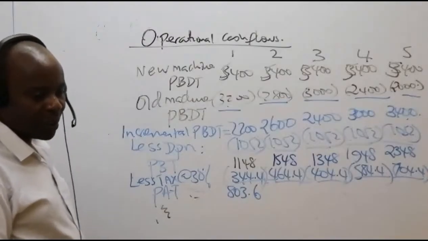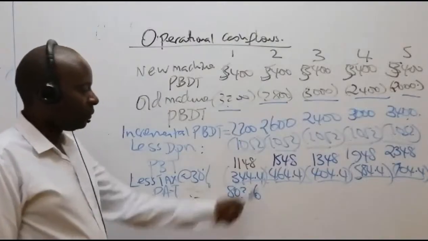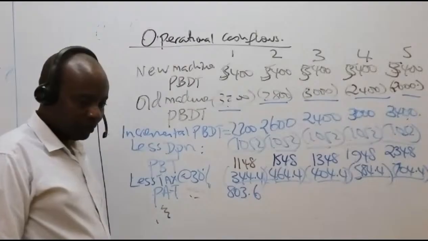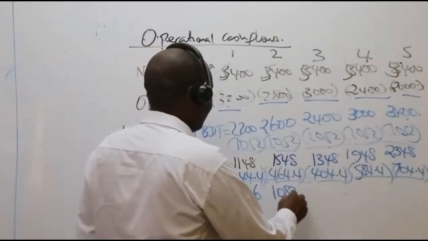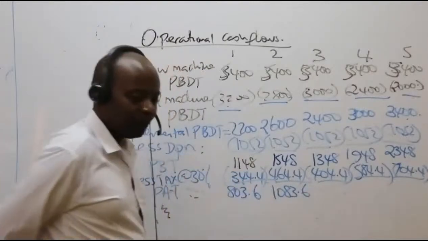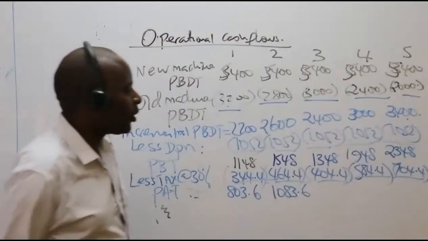So 803.6. The second one, 1083.6. Fourth, 1363.6.